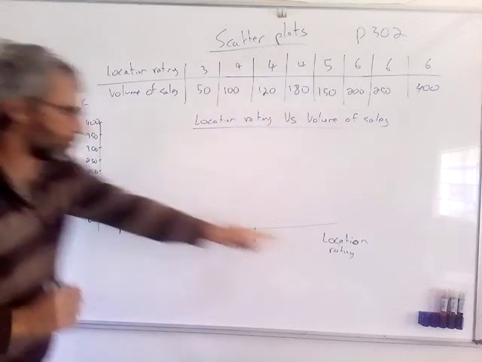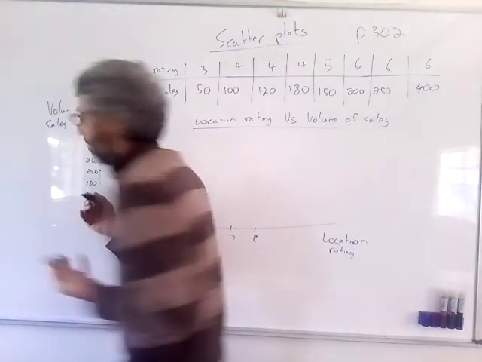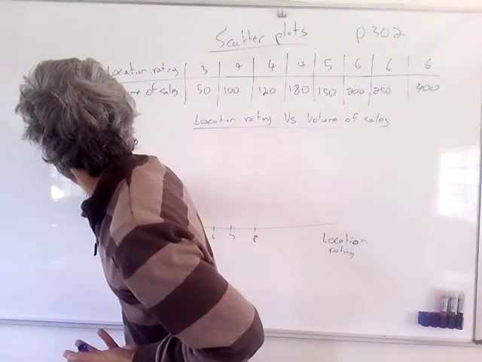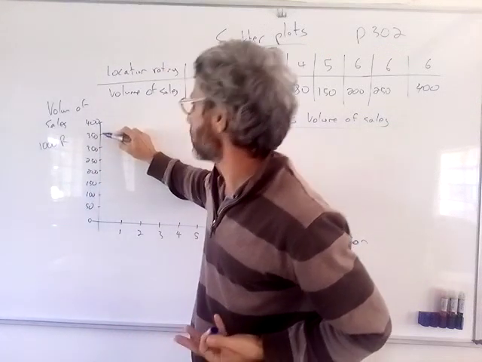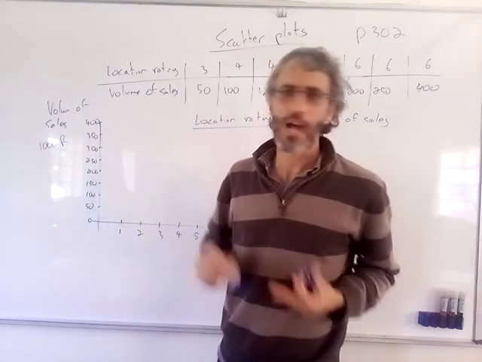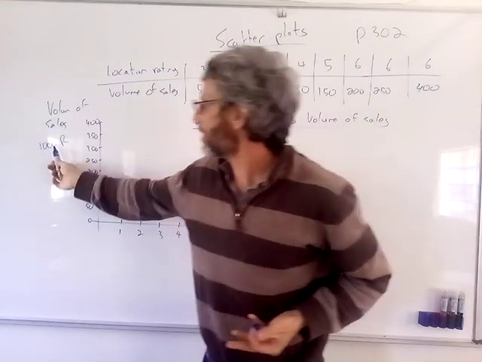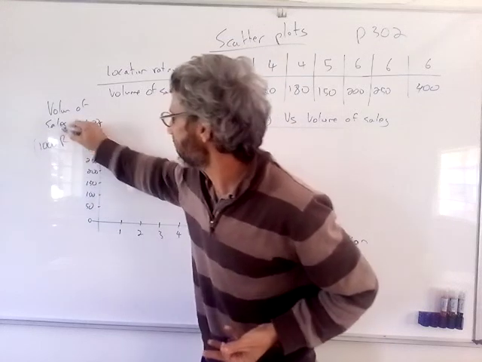Rating doesn't have a unit, but volume of sales needs a unit. I'm going to make it up. I'm going to say that's in 1,000 rands. In other words, this is 400,000 rand, 250,000 rand. Instead of writing 400,000 or 350,000, you can write it like that. That's the unit, 1,000 rand.